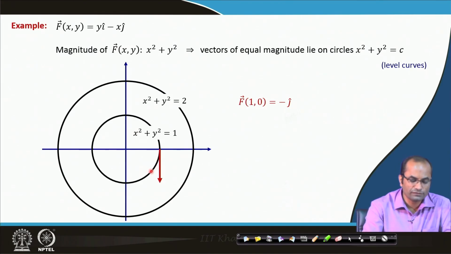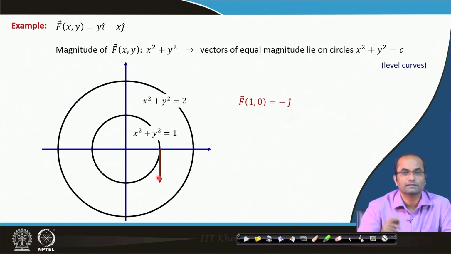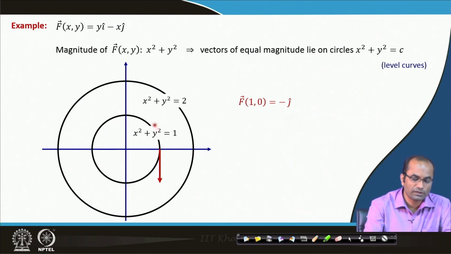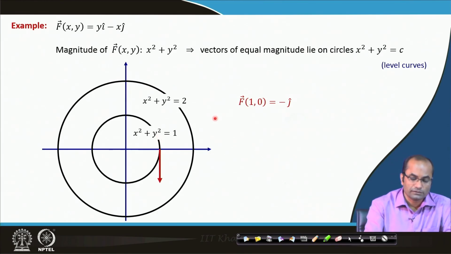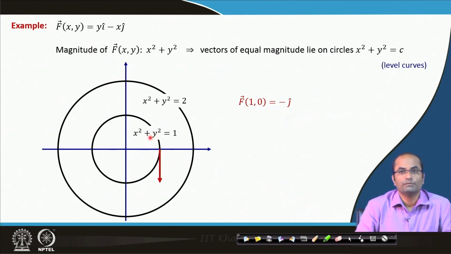At each of these points on the circle we will have a vector of the same length 1, because this is the circle x square plus y square is equal to 1, and the magnitude of the vector on this circle will be 1. So, at any point, if we draw a vector, its magnitude will be 1.